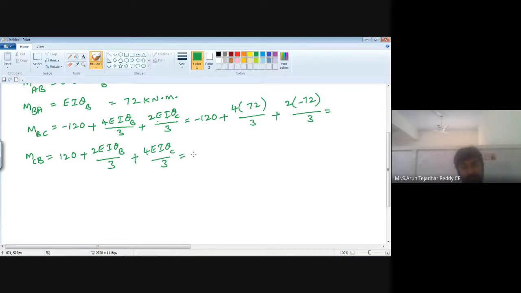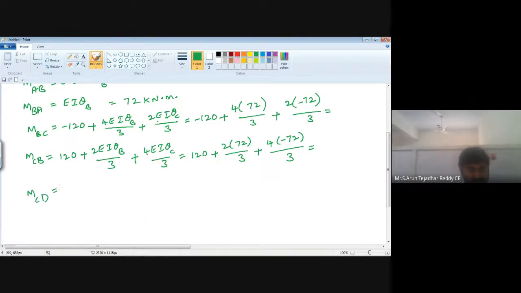In that equation, 120 plus 2EIθb, that is 72 by 3, plus 4 into EIθc, that is minus 72 by 3. What is the value?